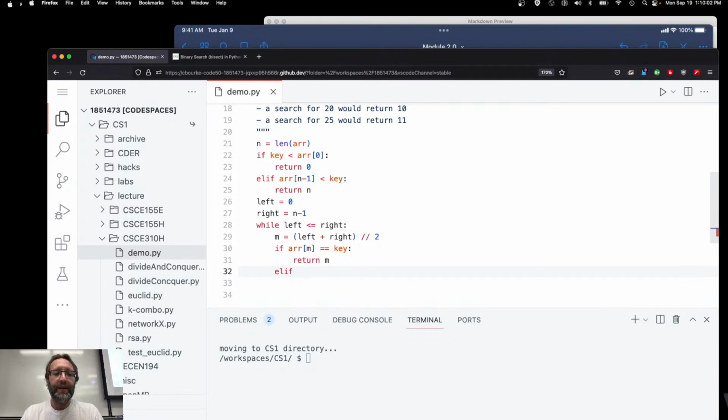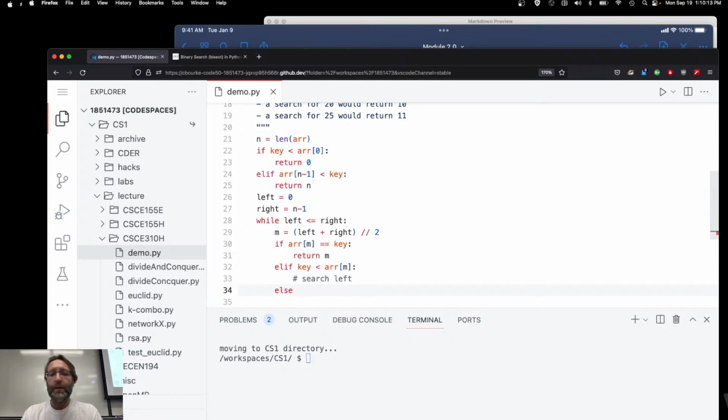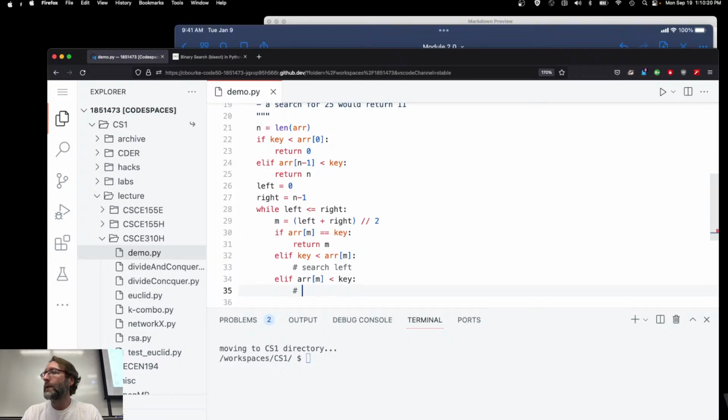Else if the value that you're looking for is less than the middle value, then search left, else if the array value is less than the key that you're looking for, then search right. But do I need this else if? Do I need a last check here? Nope.